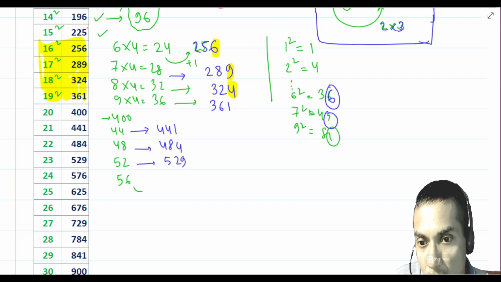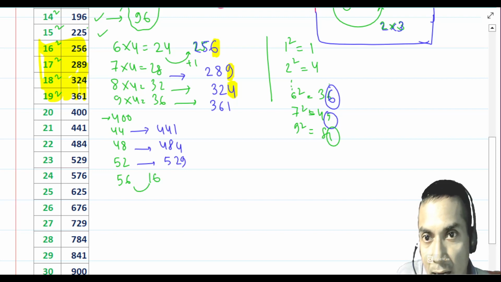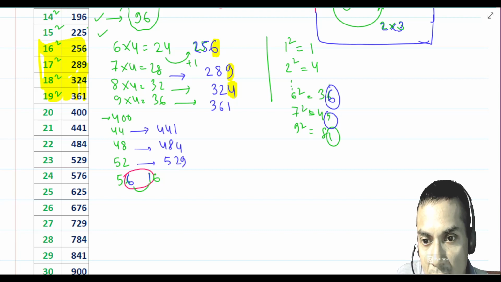So you have to consider the 16 and add 6 and 1. 6 and 1, you must remember this. There is some difference, you have to add it. Hope it is clear. 16 and 1, then we get the value 576.